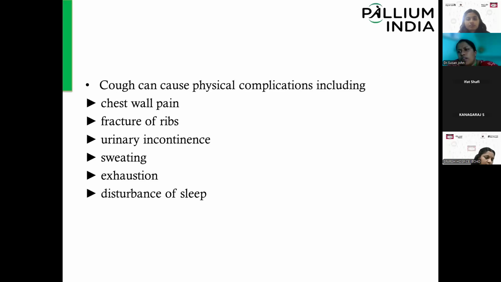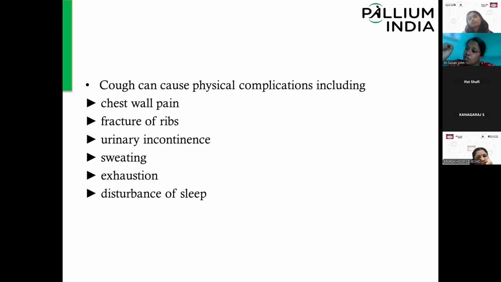If the patient has a chronic or severe cough, it will cause some physical complications, including chest wall pain, rib fractures, urinary incontinence, sweating, exhaustion and sleep disturbances. These are very important because when we are dealing with chronic cough, we focus only on the cough symptom.